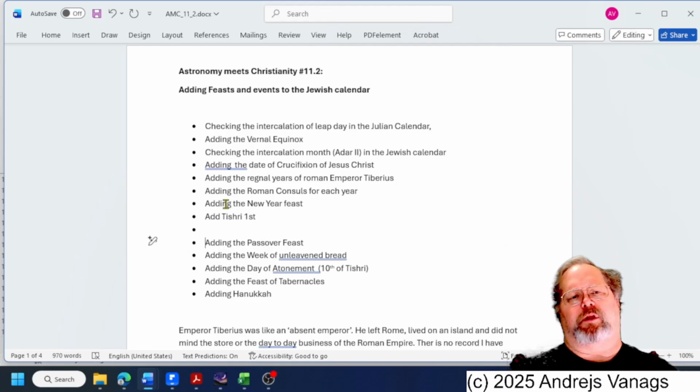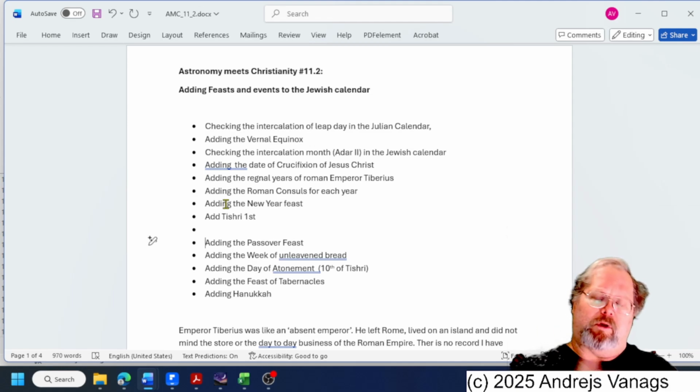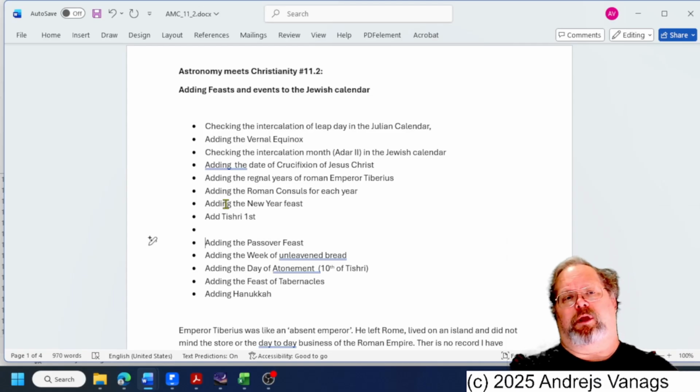This is really interesting. The Passover feast happened on the evening of the 14th, and so it's actually on the 15th because the new day had already started. And it also marks the beginning of the week of unleavened bread.